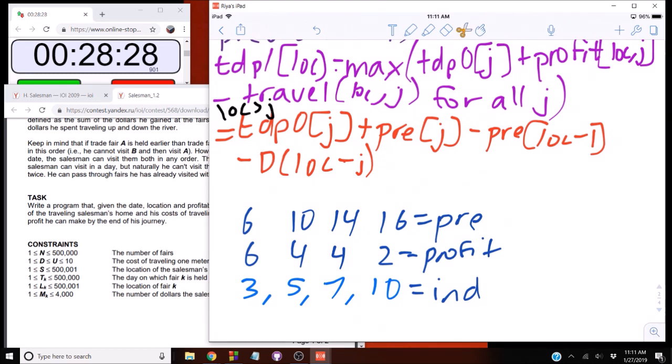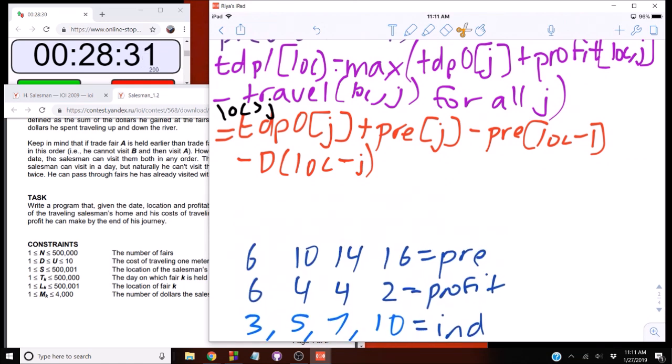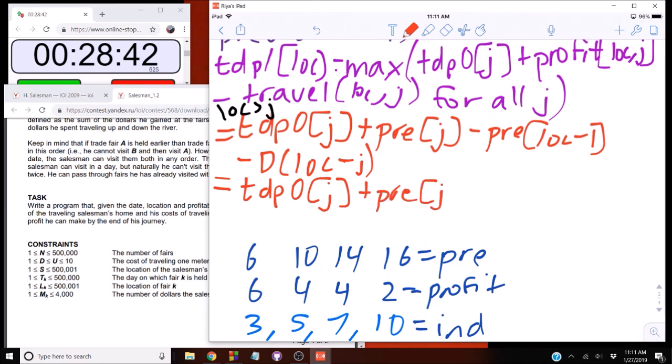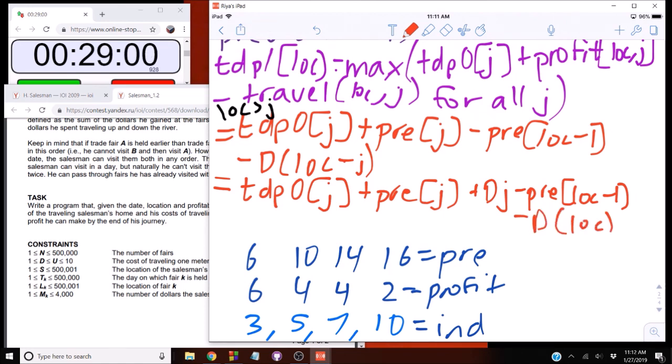Okay. This equals TDP0 of j plus prefix of j, minus or plus d times j, minus prefix of lock minus 1, minus d times lock.